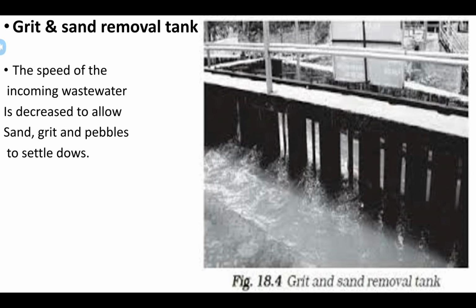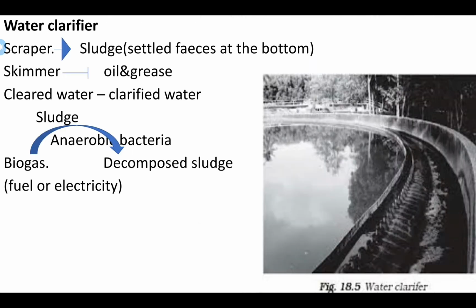While flowing, the water moves with a low speed. The speed of the incoming wastewater is decreased to allow sand, grit and pebbles to settle down. Which unwanted materials are separated from wastewater here? Sand, grit and pebbles, whatever settles at the bottom.